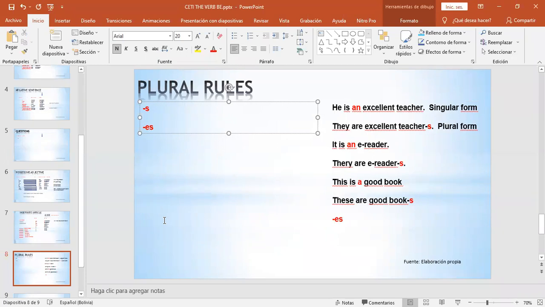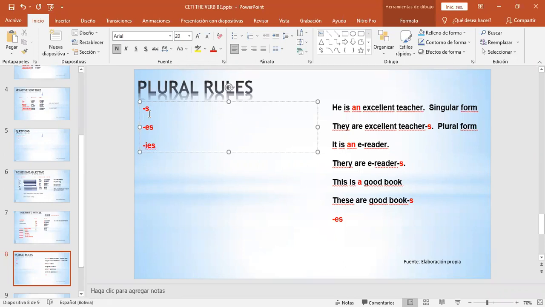ES, the pronunciation is Z, okay? And we have another that is IES. So we have these three forms in order to make it plural: S, ES, and IES.